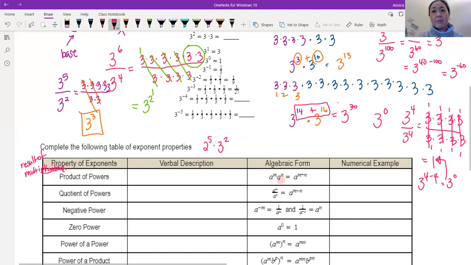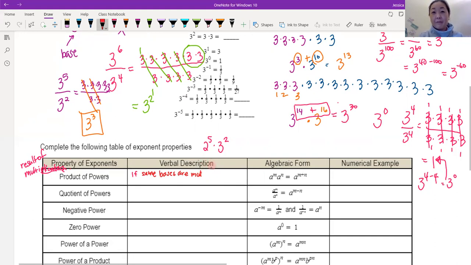Okay, so here we go. If they're the same bases, then what do we do with the exponents? Verbal description: if same bases are multiplying, and if you wrote something of this gist in your workbook or packet, that's fine.